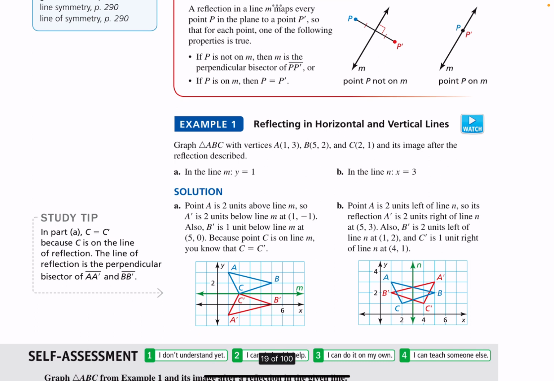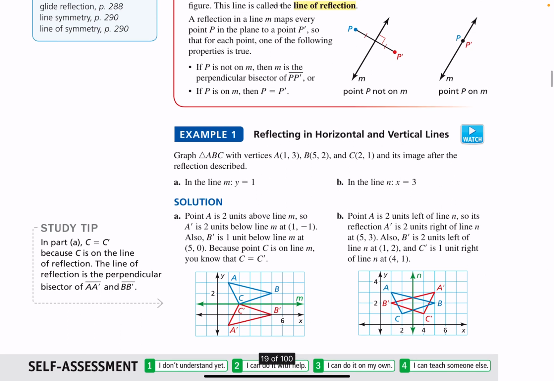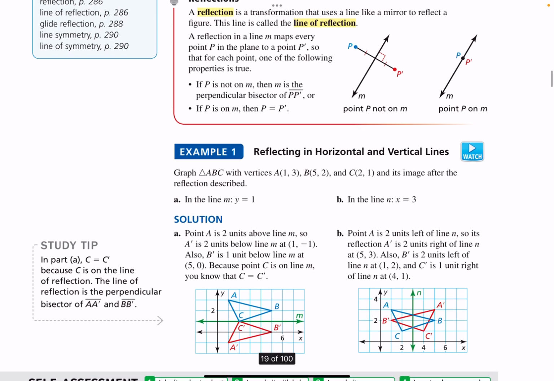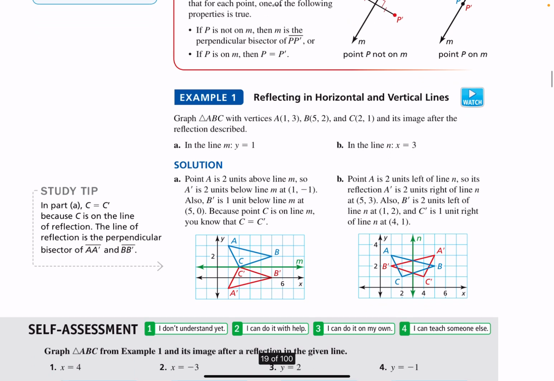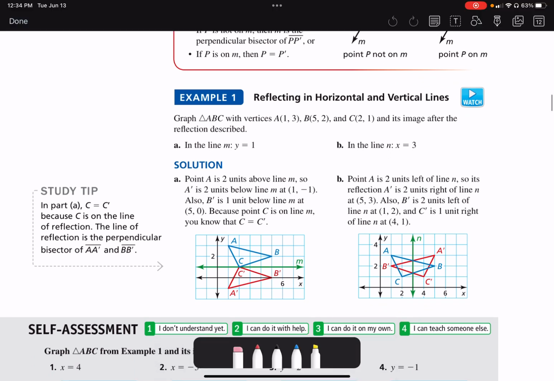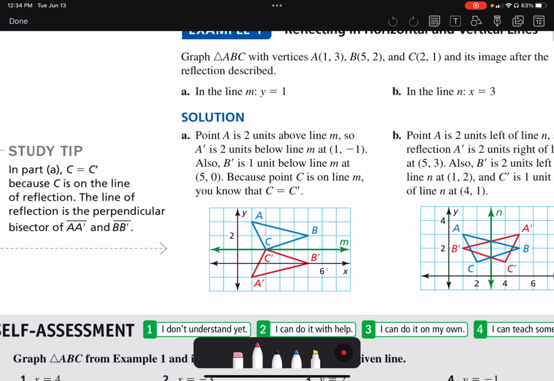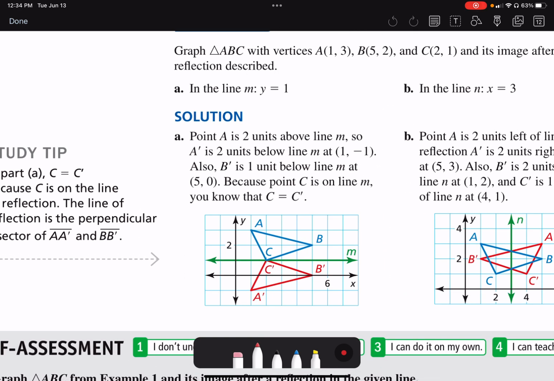Example 1: graph triangle ABC with the given vertices, and then its image after the reflection described. For letter A, it says in the line M, where y is equal to 1. So let's do that first. We have this triangle ABC, this triangle right here.